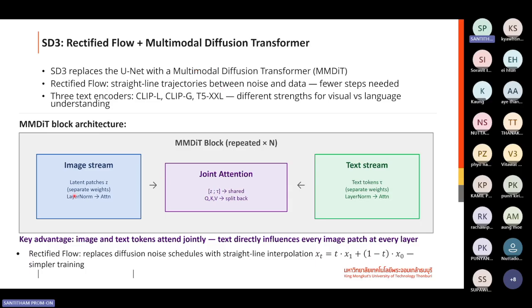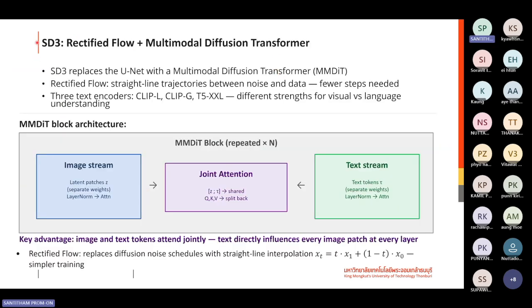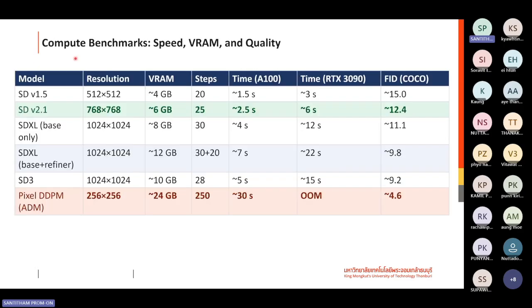So you have a combination of latents. I'm not going to go into detail here, just to show you that it contains a much more complicated generation, and the focus would be on the multimodal diffusion transformer. But I haven't seen the model coming out from SD3 yet. But there are papers that you can look into.